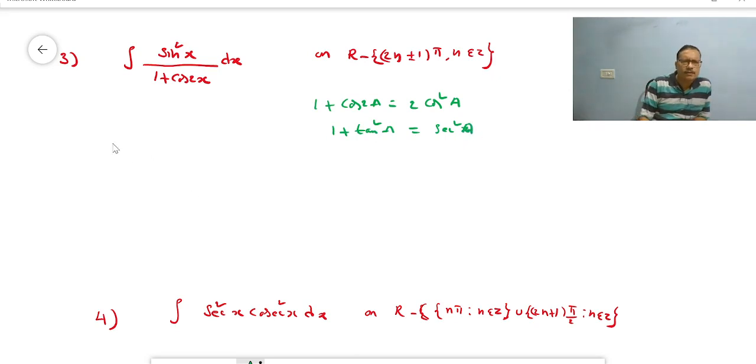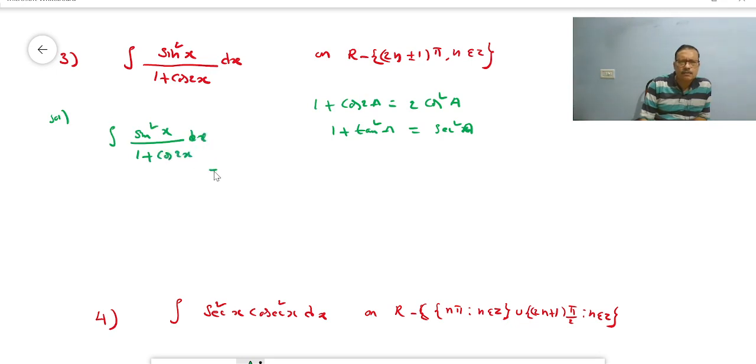Now what is given? Integral of sin² x by 1 + cos 2x dx.